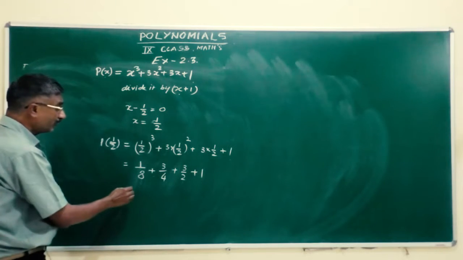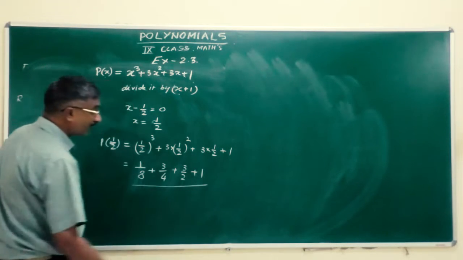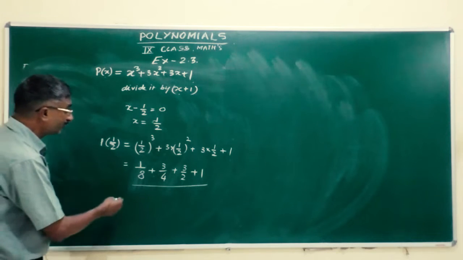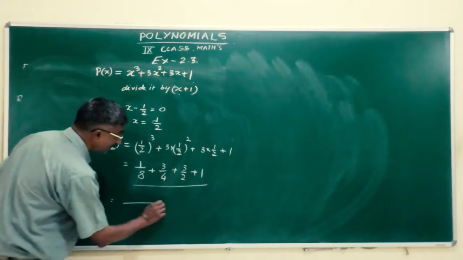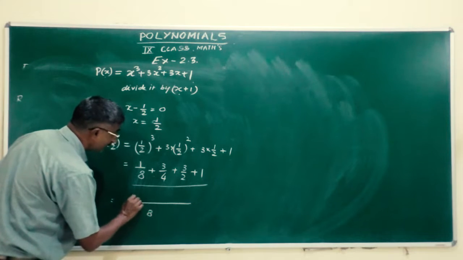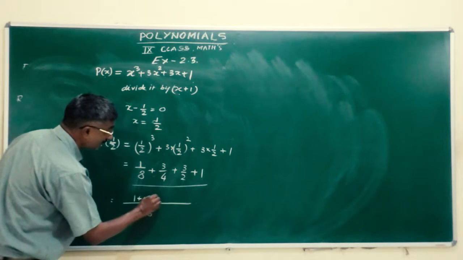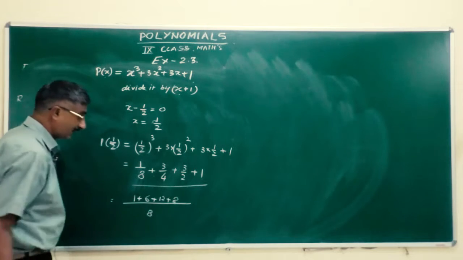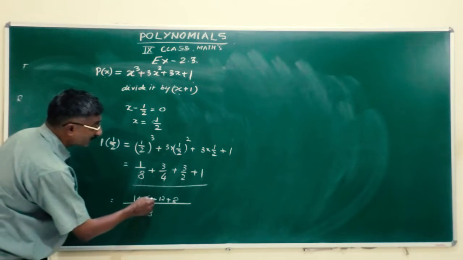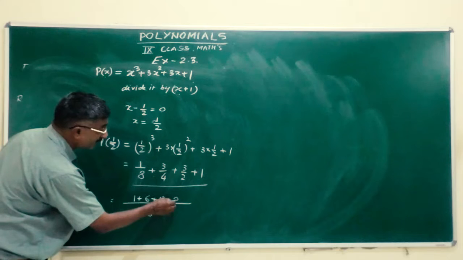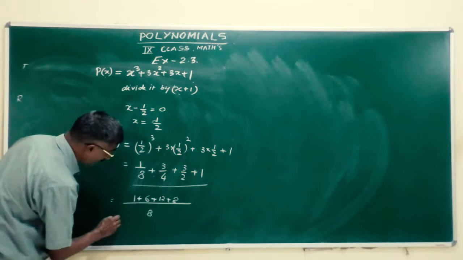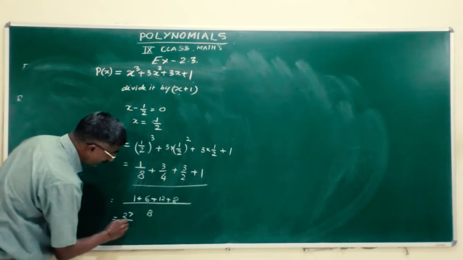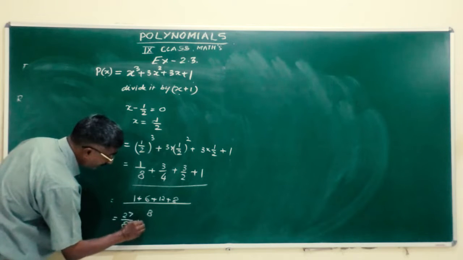There is no negative sign here, so it will not be 0, but we can add also, there is no problem in that. So the LCM is 8, this is 1 plus 6 plus 12 plus 8. So that is equal to 12 plus 8 is 20 and 27 by 8. So this is the remainder.